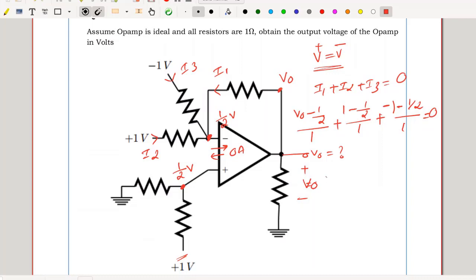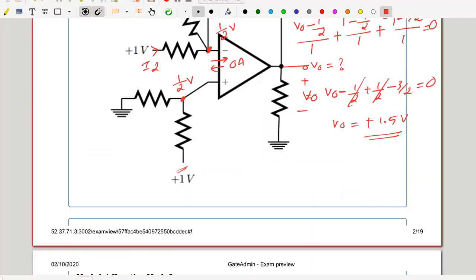That implies V out minus 1 by 2 plus 1 by 2 minus 3 by 2 equals 0. Implies V out is equal to positive 1.5.